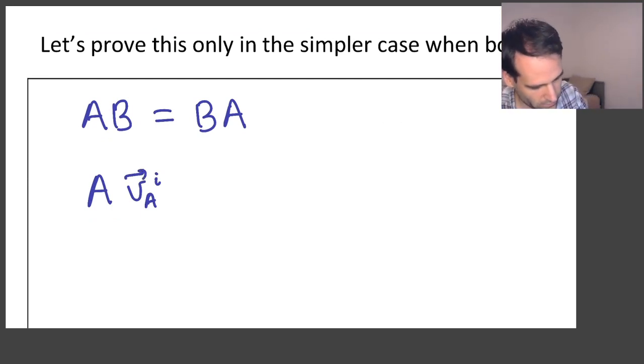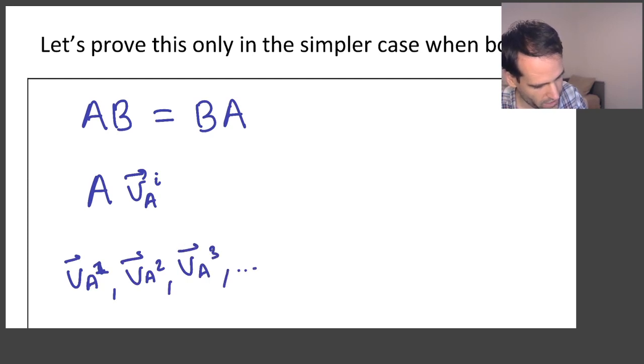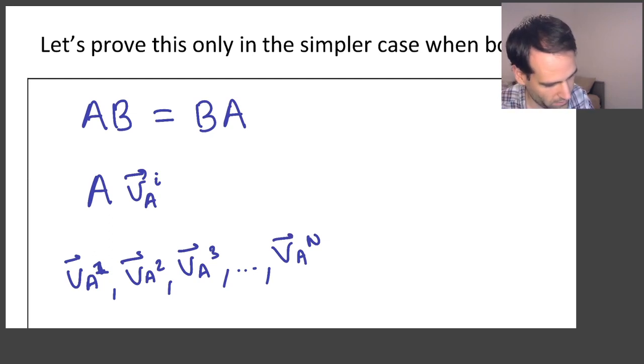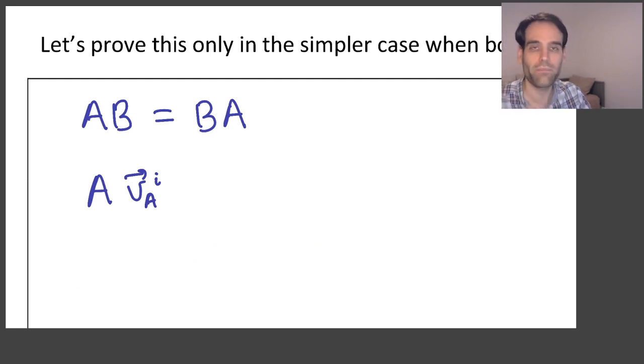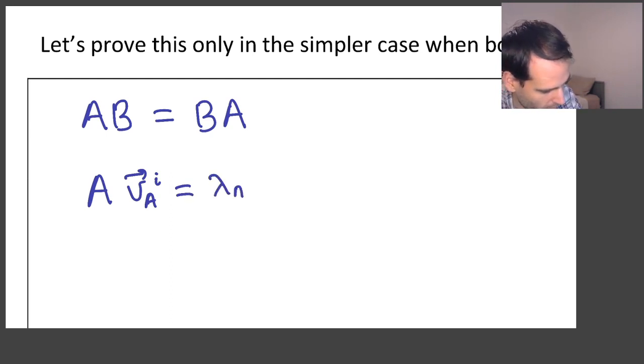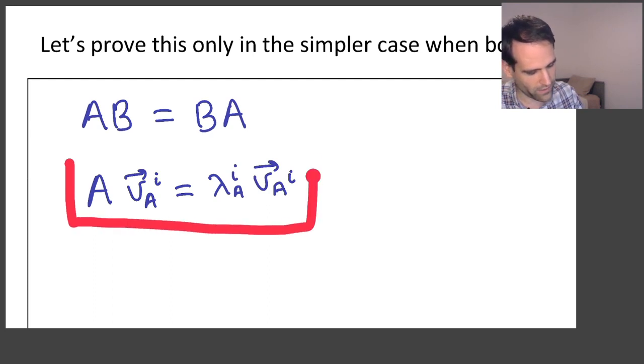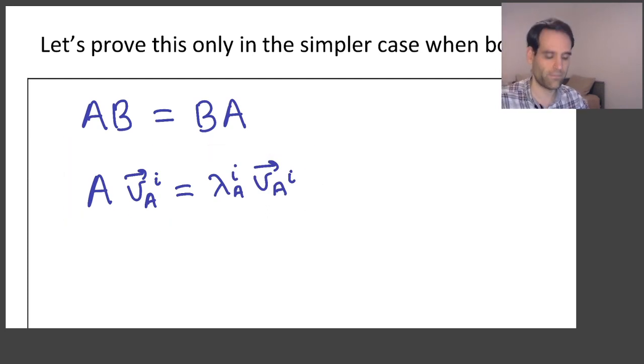Okay, so the eigenvectors of A would be VA1, VA2, VA3 up to VAn. Those will be the different eigenvectors of matrix A. But to summarize, we will just call that VA superscript I. Okay, so A times VAI is the eigenvalue of A number I times the vector VAI. Okay, this is basically the definition of an eigenvector and an eigenvalue for the matrix A.